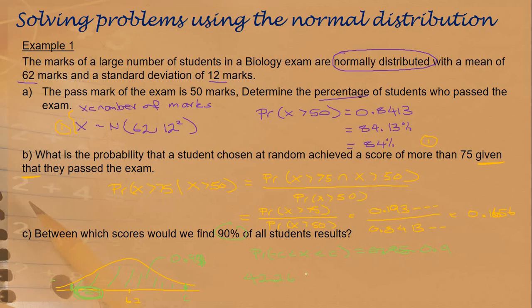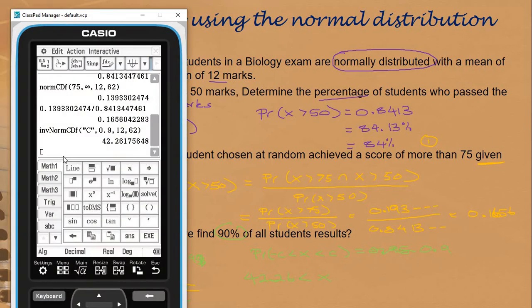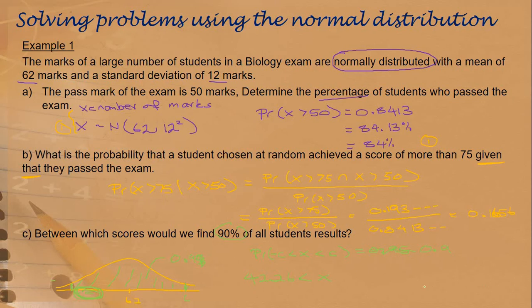So if we're going to be between there, I've gone from 62 to get to 42.26. If I do our mean, 62, minus this, that means I've gone 19.74 across. So if we're thinking about this visually, we have 62 here. I've gone across by 19.74 to get to my value here of 42.26.